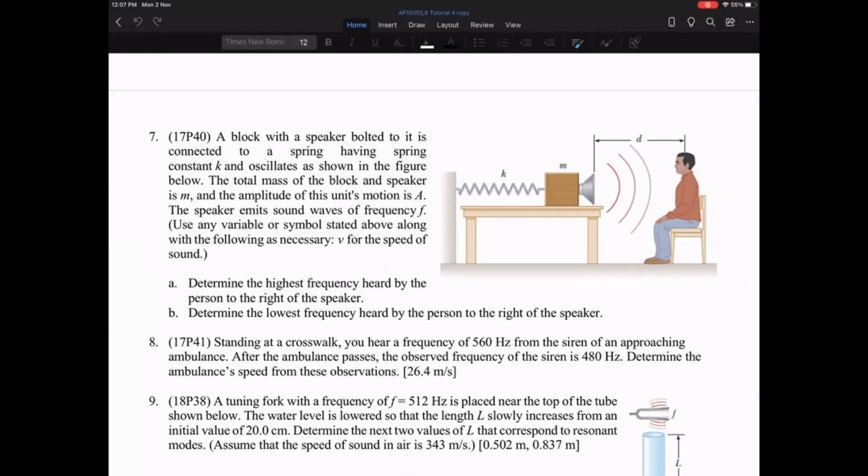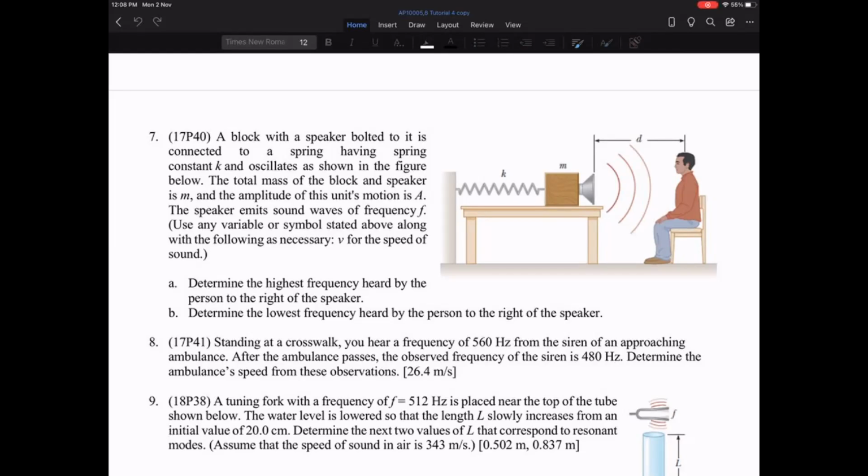Here you have a spring mass system where the spring is connected to the loudspeaker. And so the loudspeaker would basically be the mass. By putting the loudspeaker on a smooth table and setting it in oscillation, it will be performing a simple harmonic motion. Therefore, the speed of the loudspeaker changes from time to time.